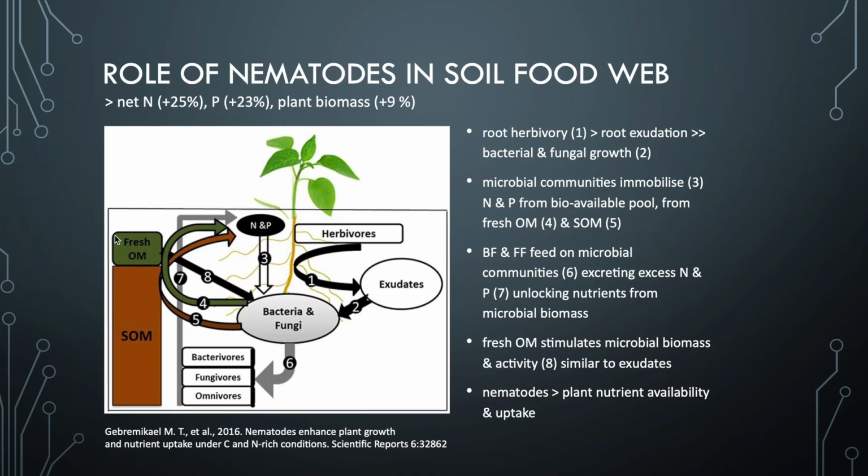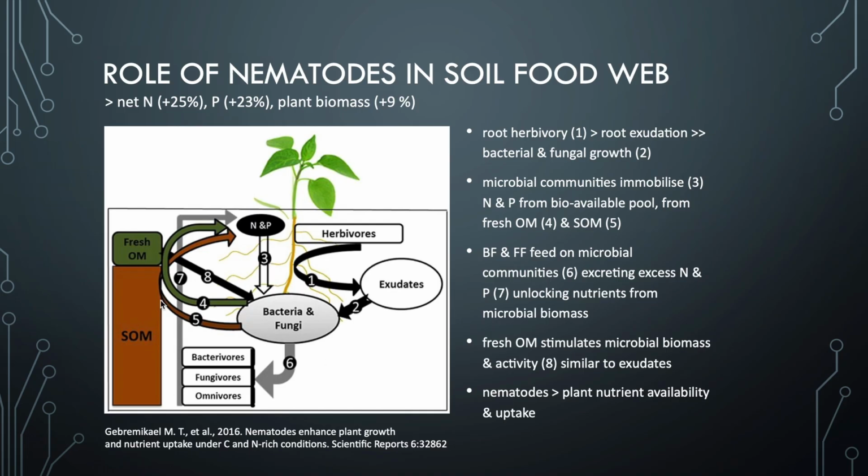Fresh organic matter that actually has been added in the study, but this can also be seen as leaf fall or root shedding or any organic matter that enters the soil and that is fresh, further stimulates the growth of bacteria and fungi because these guys then start to consume this fresh organic matter. So this further stimulates microbial biomass and activity, and this is similar to how exudates function as well.